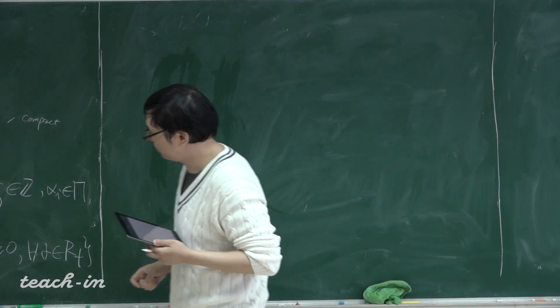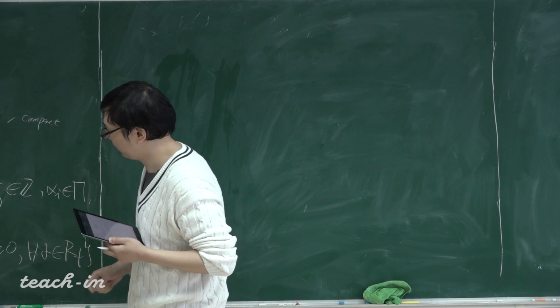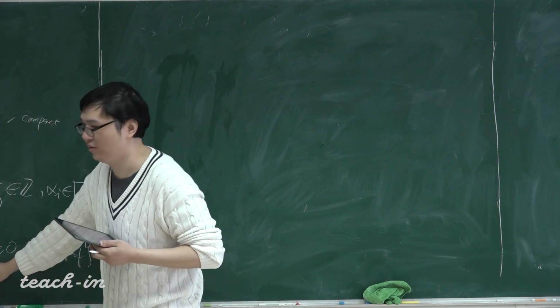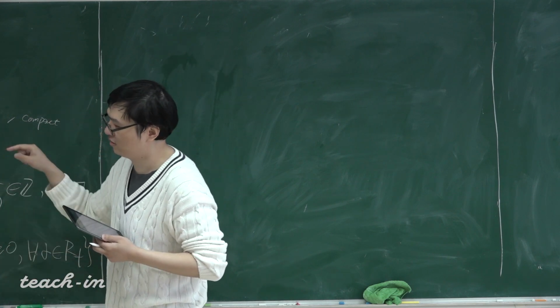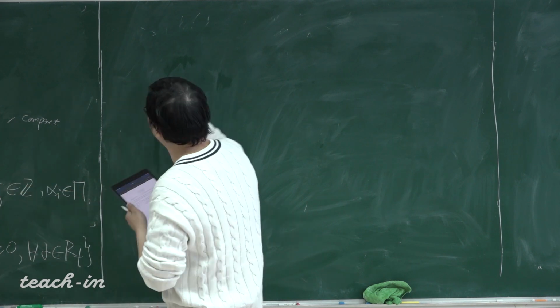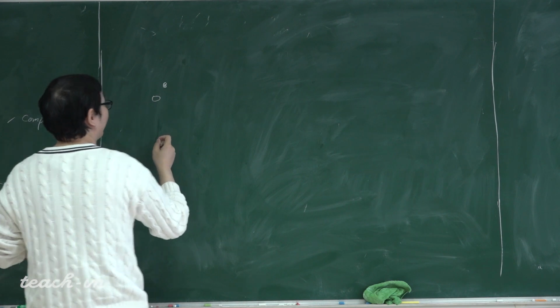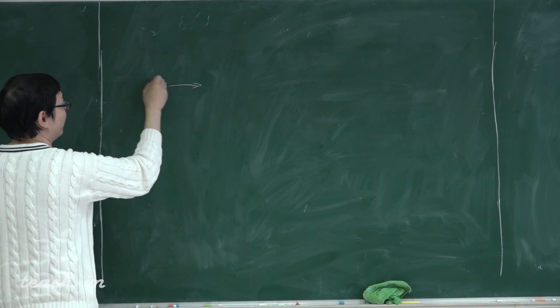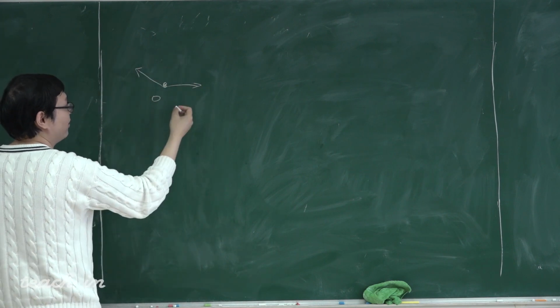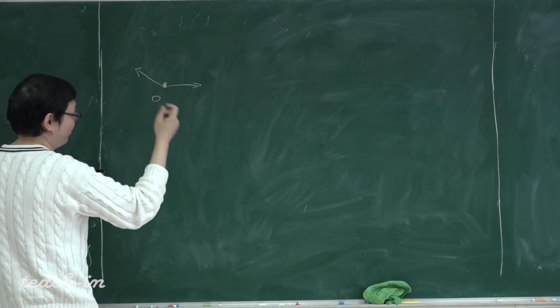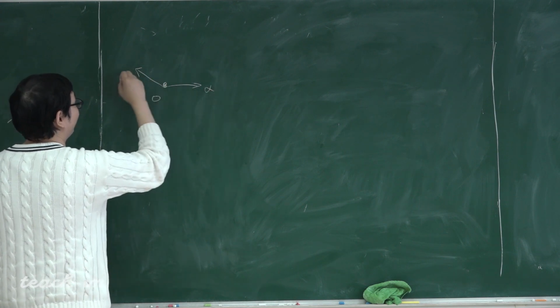And I want to first prove that these things are some subset of some space. For example, this is our origin, and I just drew the picture of the two-dimensional case, and for the higher dimensional case it's the same.